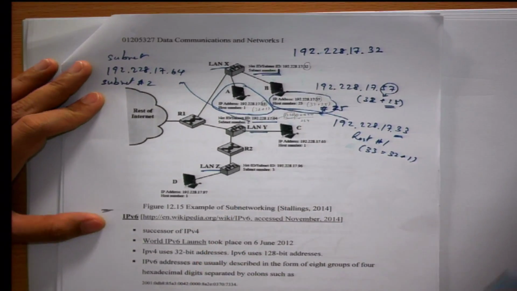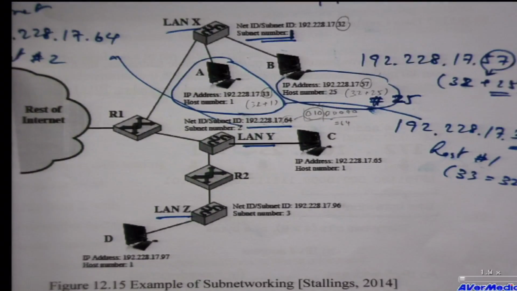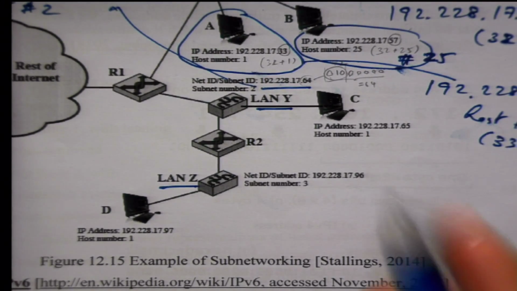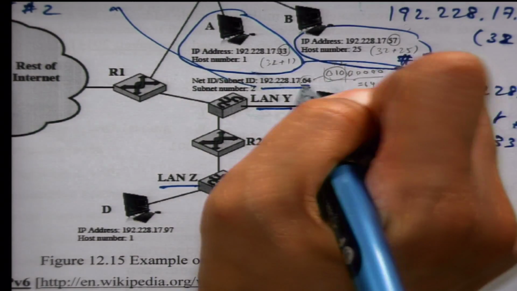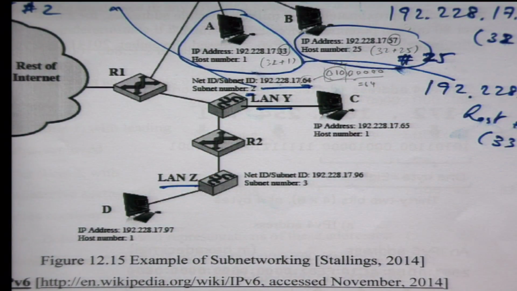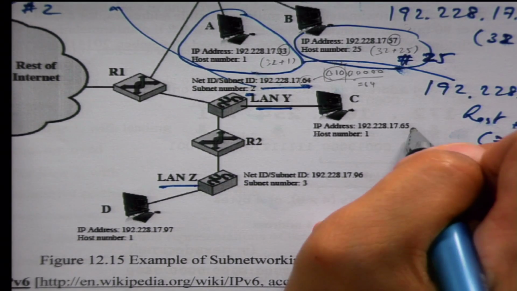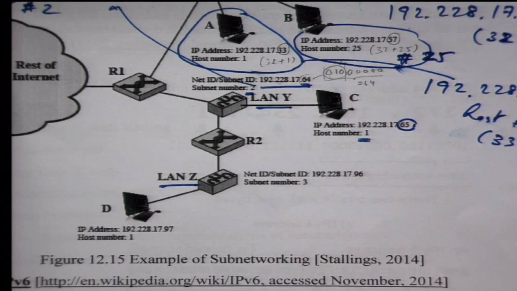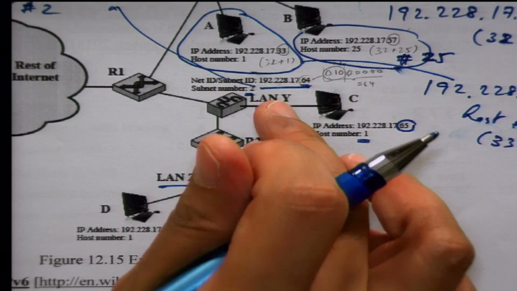So the whole LAN Y ends with 64 and the subnet number 2, right? So if you have the address .65 here, it means that the host number is number 1, because 65 is 64 plus 1.